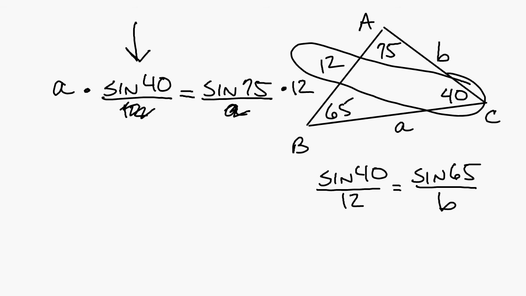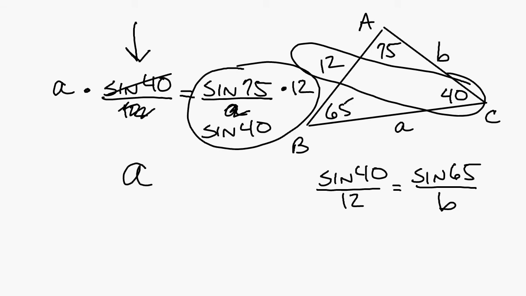Now you're going to divide both sides by sine 40, aren't you? So just when you know that when you divide this side by sine 40, it's going to cancel. So just cancel it and move it here. So now that is your calculator operation to solve for side A. And then you just repeat the process for side B. Clear?